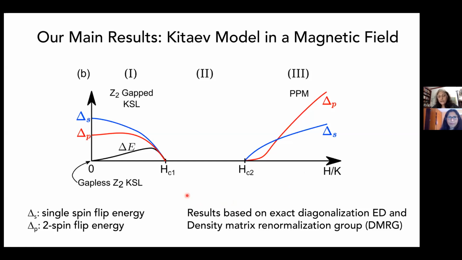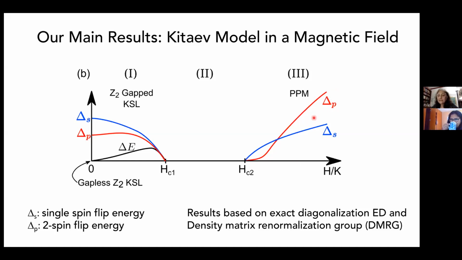The other thing we will also look at are the energies to create single excitations, single spin flip excitations, and two spin flip excitations. Once you're in the fully polarized phase, let's say the single spin excitation costs delta S. Typically to excite two spins, to flip two spins, costs double that, because these are two non-interacting modes that you're making at very high field.